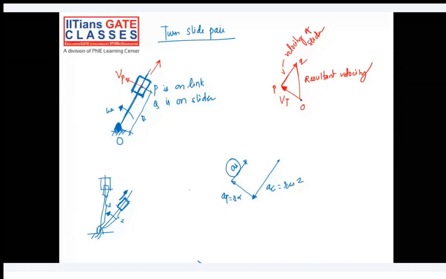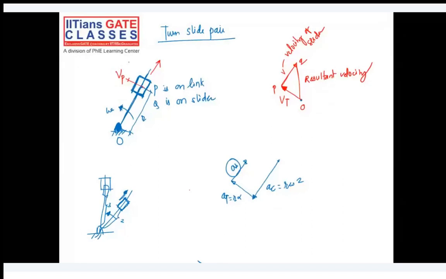Let's call it ACOR, and let's say this was your initial point. Then this is your resultant acceleration or total acceleration. So I hope you understood here.